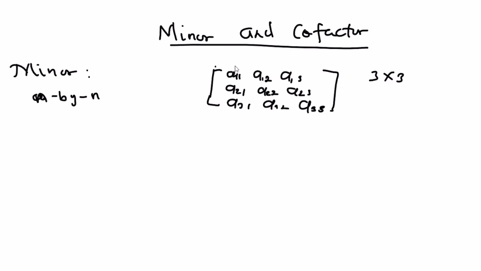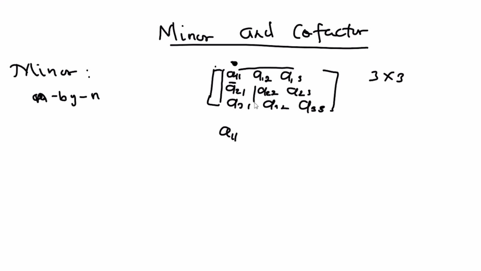So let's say we want to calculate the minor of this entry, the first one. The determinant that will be calculated from crossing out this row and this column, then the remaining one here, that becomes the minor of this particular entry. So when I take A11, this column will be out, this row will be out.